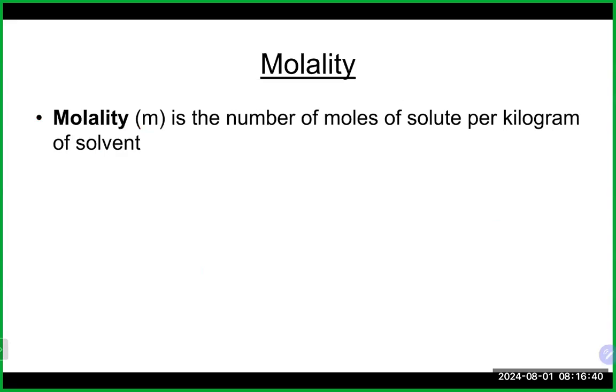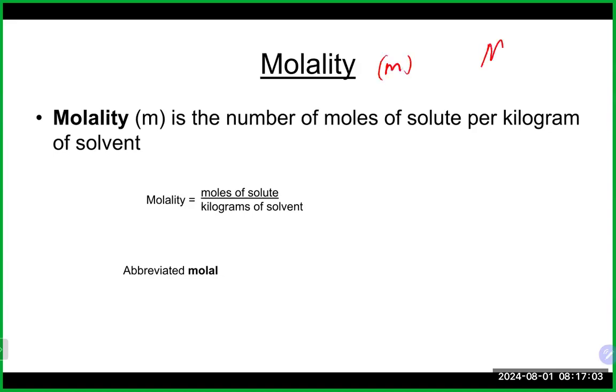Another really important concentration unit that we covered earlier, and that we definitely will see here in the last part of this chapter, is molality. Molality is used in a lot of colligative properties formulas. Molality, remember, is abbreviated with a lowercase m, not to be confused with molarity, which is capital M, moles per liter.